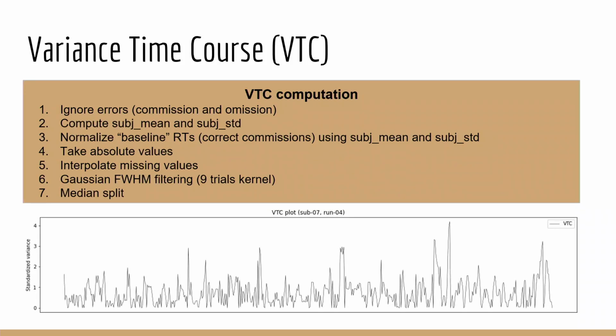Then by applying Gaussian filtering, we smooth the curve to reflect slower fluctuations in performance. And then we perform a median split on this curve to distinguish between periods of low variability and high variability of reaction times.